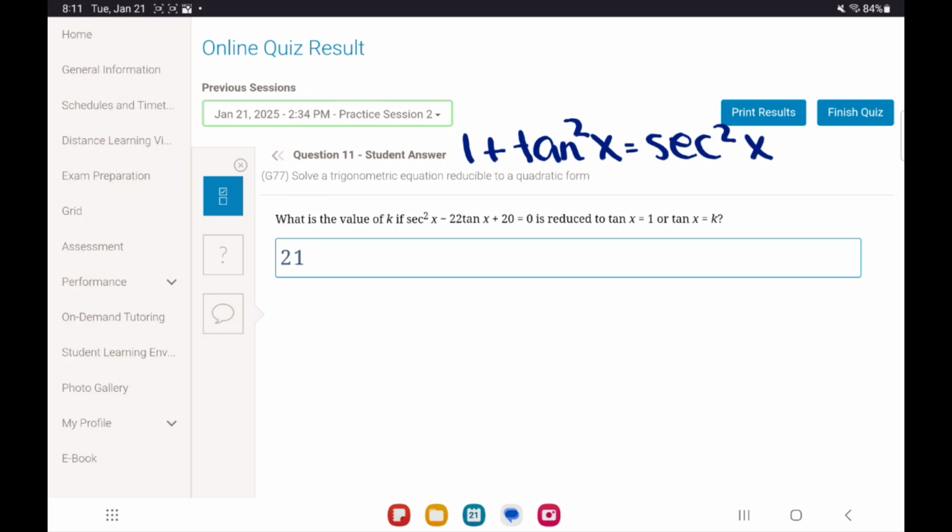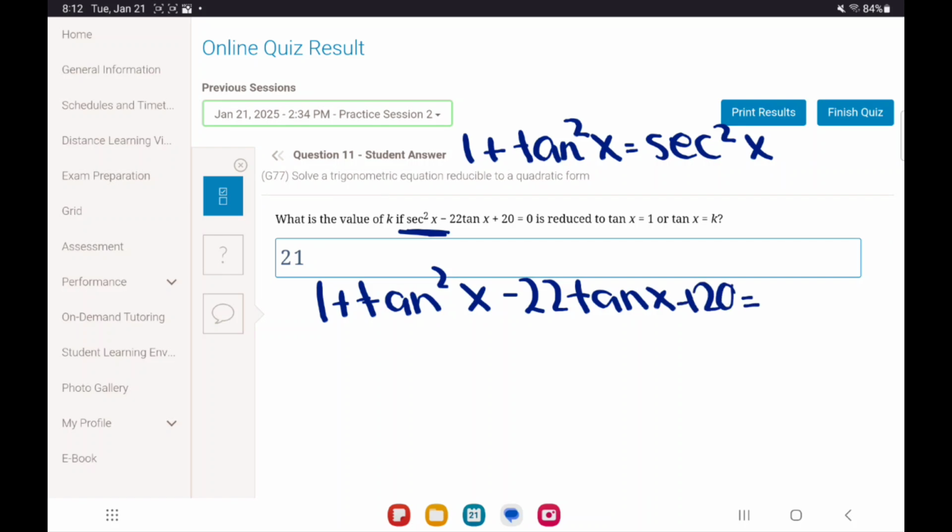Here we have to replace secant squared x in the equation, so we put 1 plus tan squared x instead. So 1 plus tan squared x minus 22 tan x plus 20 equals 0. It always has to equal 0.